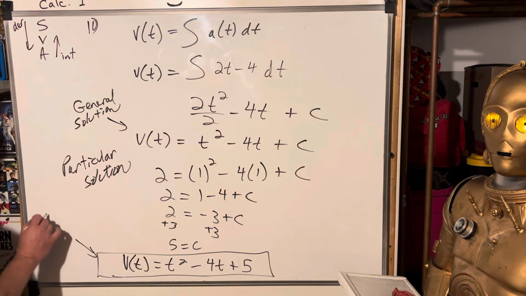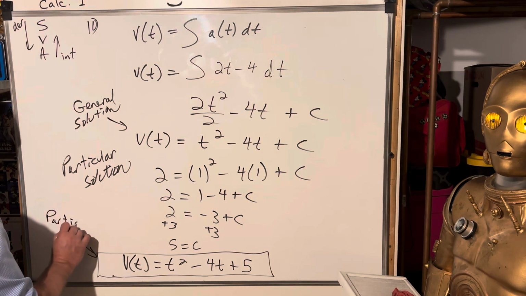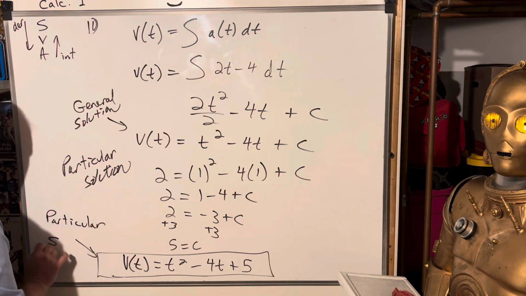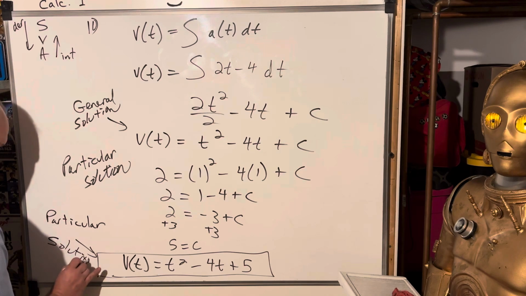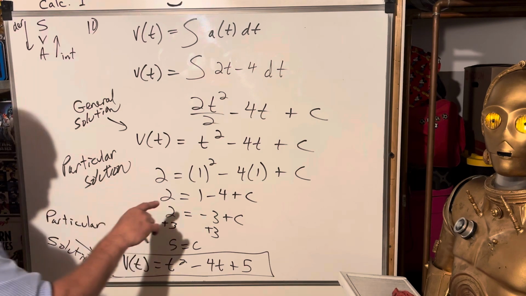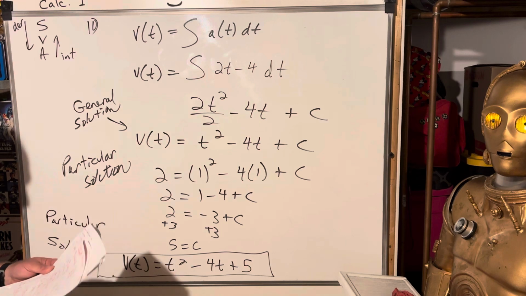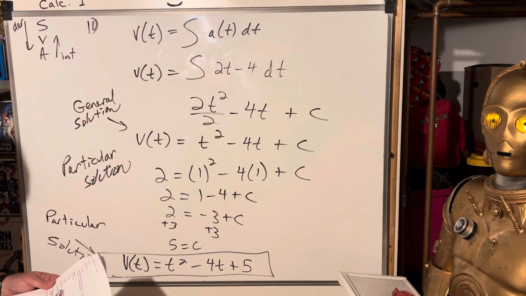That is called the particular solution. But we needed the point in order to do that. We needed 1 comma 2, otherwise we couldn't do that. All right.